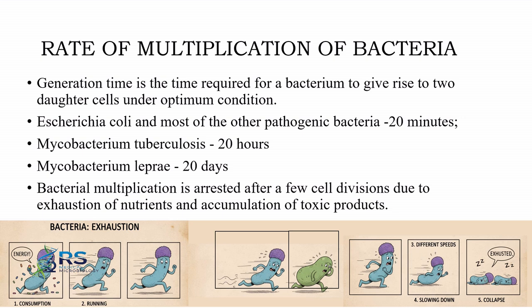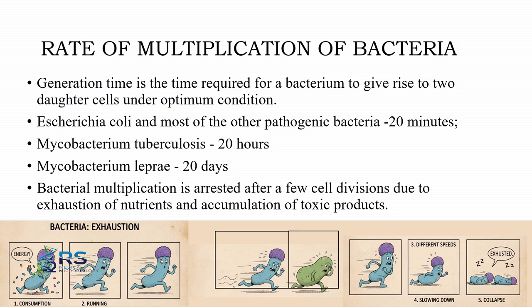Now the rate of multiplication depends on the bacteria. Some of them, the most common pathogens, are rapid growers, so they multiply very fast. Every cycle happens within 20 minutes, so that means at 20 minutes' time, one bacteria divides into two. There are some slow ones. Mycobacterium tuberculosis takes around 20 hours.